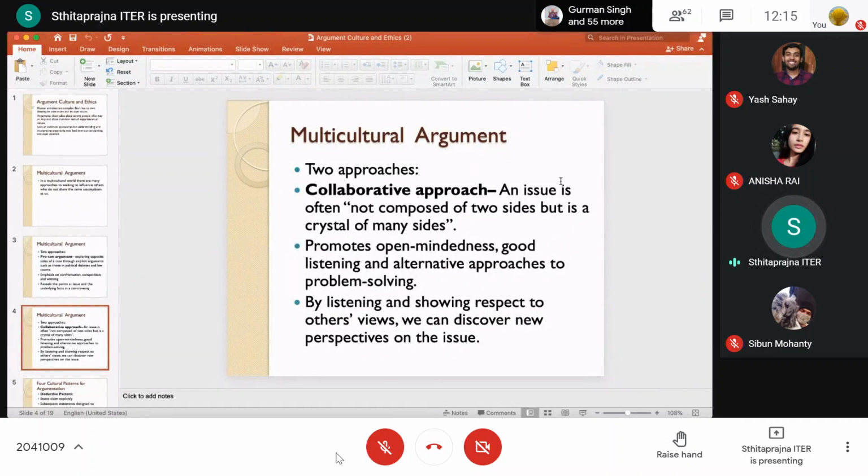And collaborative approach, if you recall, of the three perspectives of argumentation, we talked about the dialectical perspective. And dialectical perspective of argumentation promotes collaborative approach.